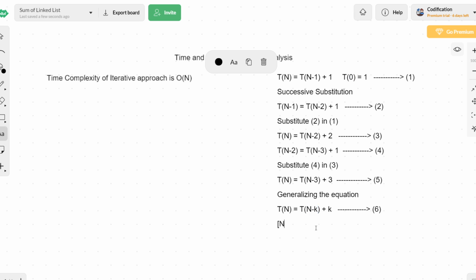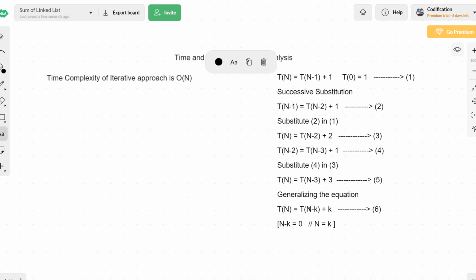When n minus k is equal to 0. If n is equal to k, then this is possible, because here minus k will go to the right side as positive. So if n is equal to k, then automatically the difference of both will be 0. It will become t of 0. So it will be the end of this process.